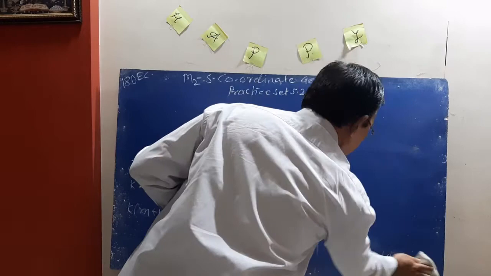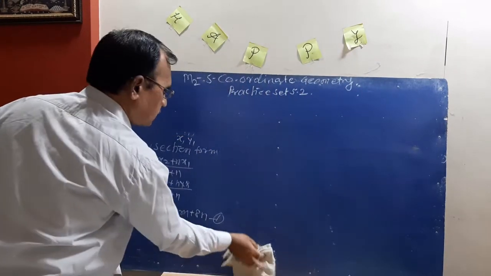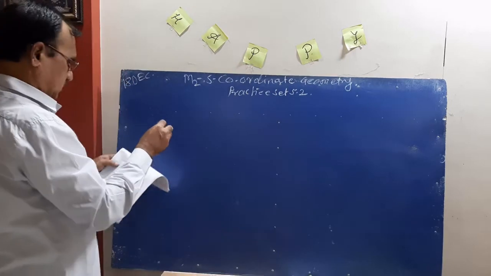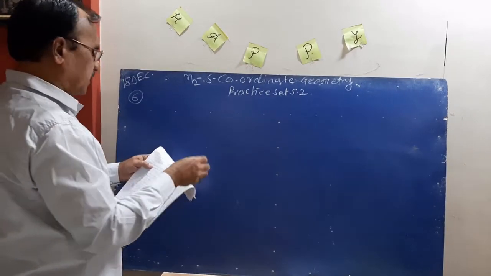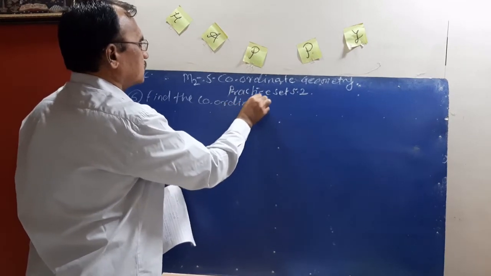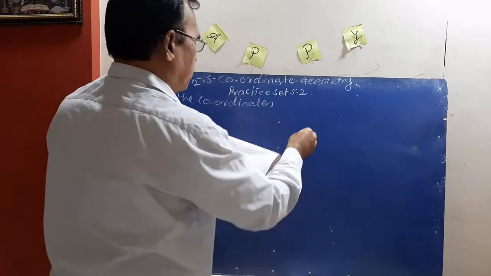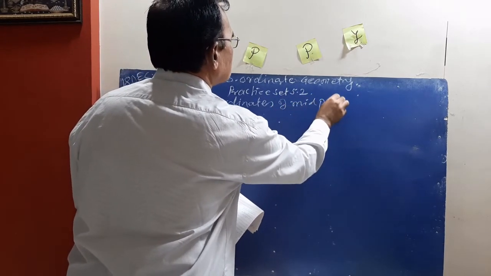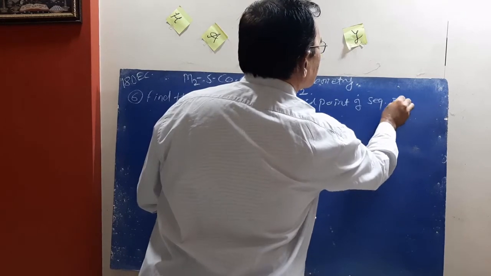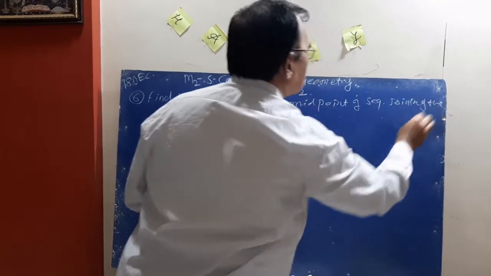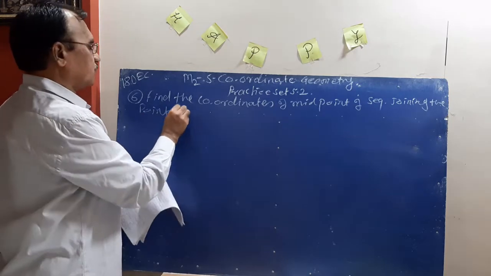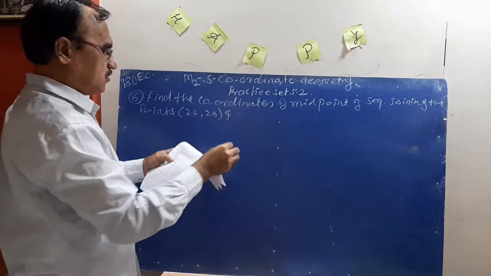Read and write carefully. Example number 6: find the coordinates of the midpoint of the segment joining the points (22, 20) and (0, 16).